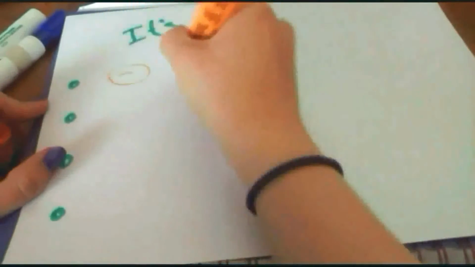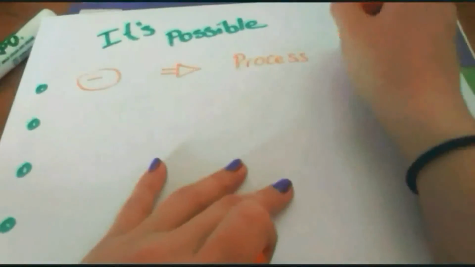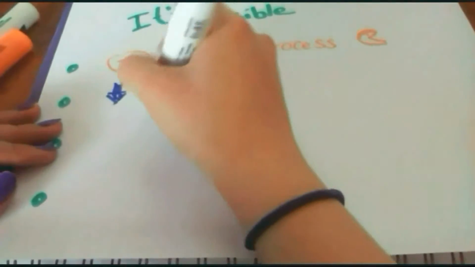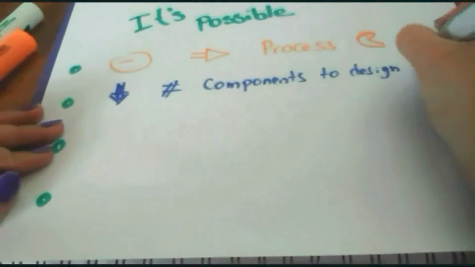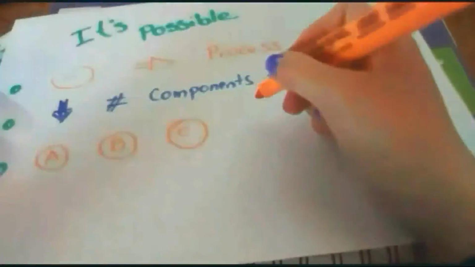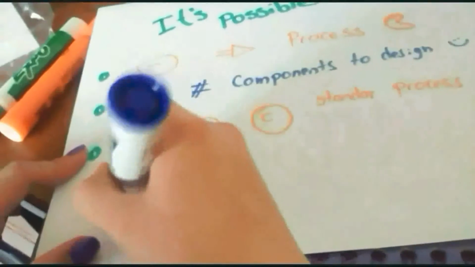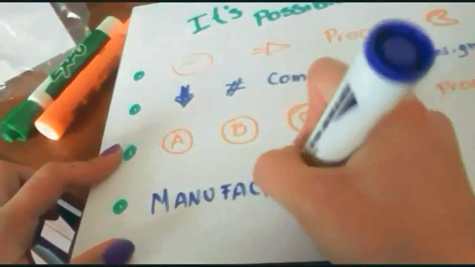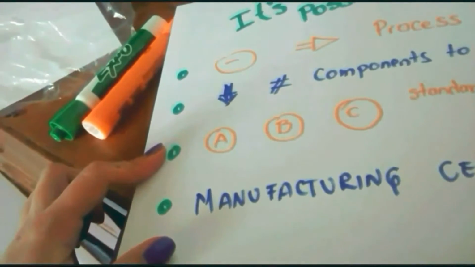So it's possible to simplify the determination of the route of each part of the process, reduce the number of components to design, group parts in families with similar characteristics, facilitate more efficient process standards, and assign each family of parts to different manufacturing steps.